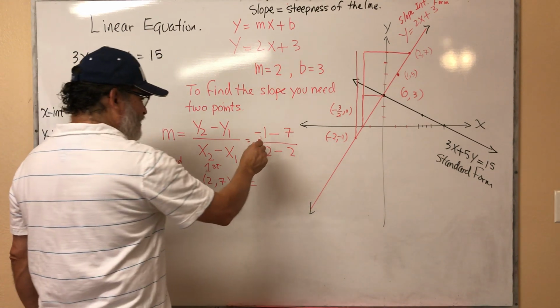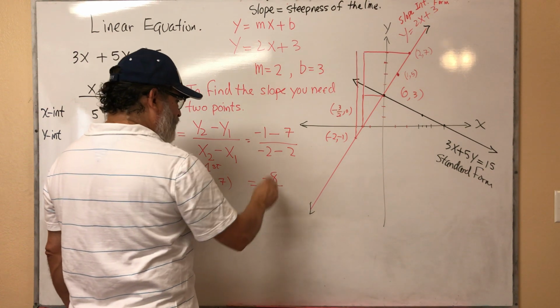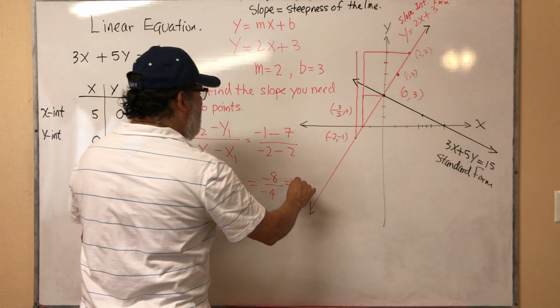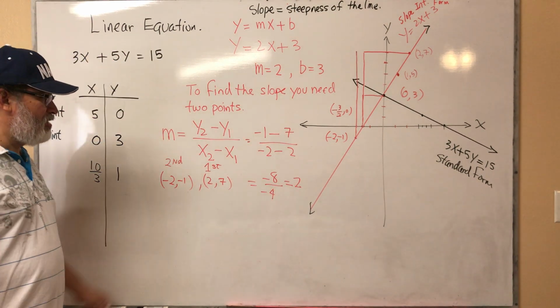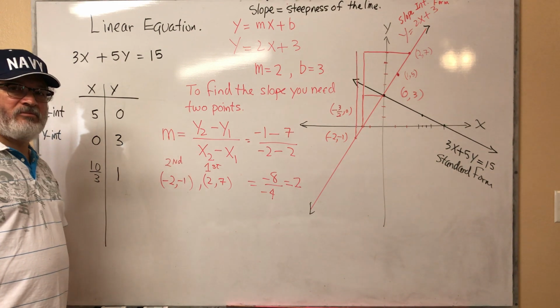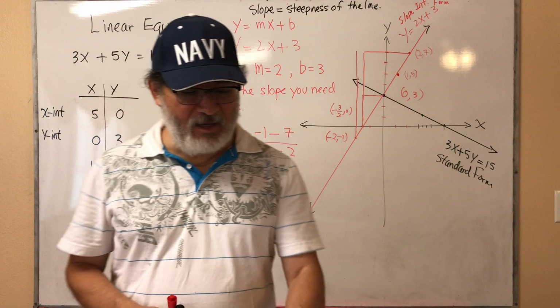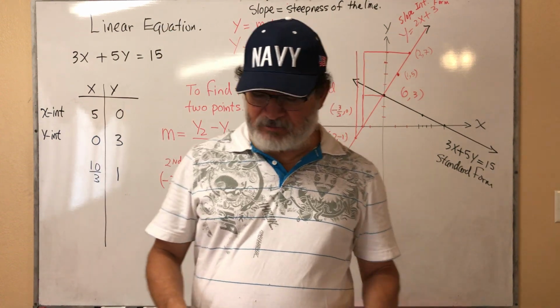So what is this? -8 over -4. And what do you get? 2 again. Okay? This formula works, everybody. The formula works.